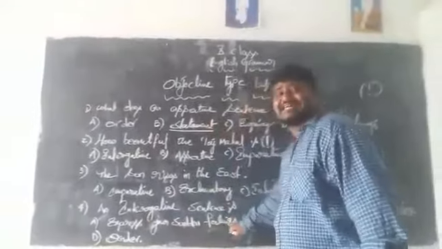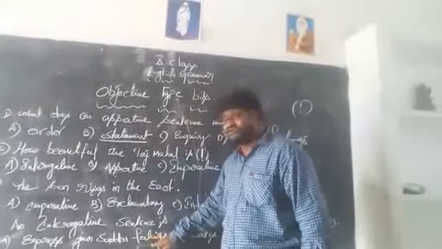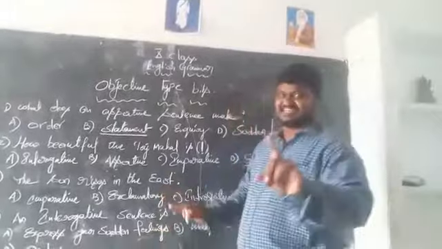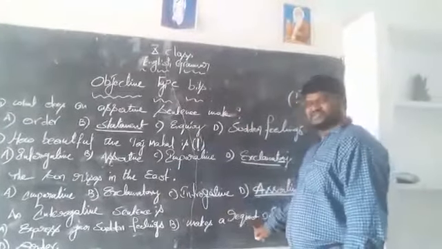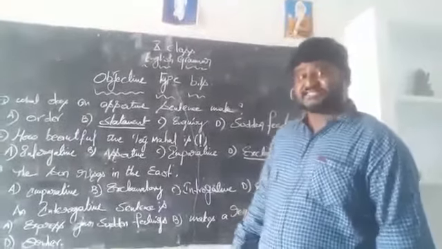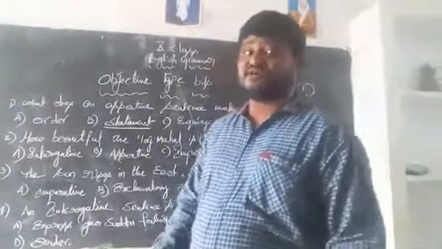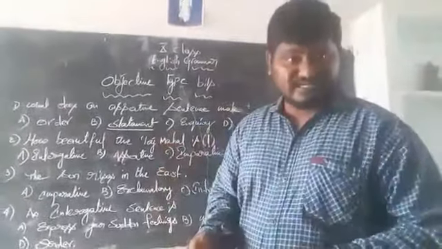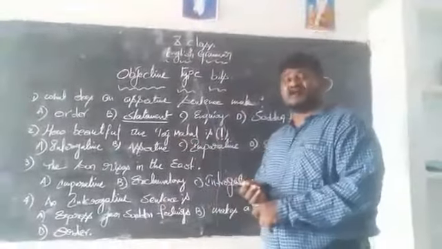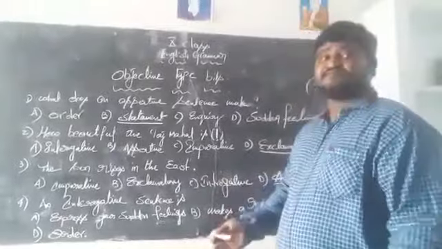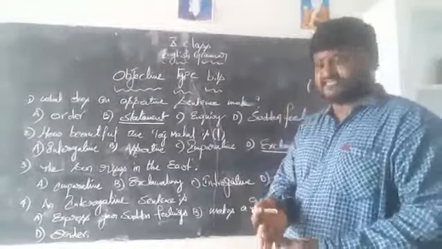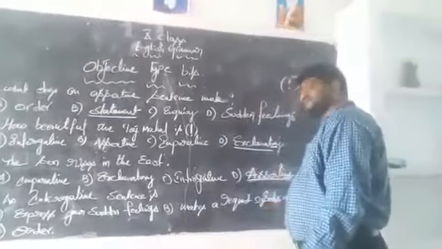Express your sudden feeling: where do we use sudden feeling? The exclamatory mark. Now B, makes a request. Makes a request means what we observed: an imperative sentence. An imperative sentence always tells makes a request, order, advice.